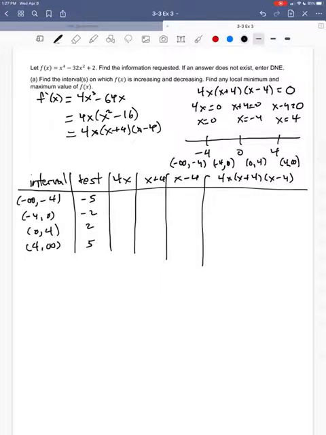And now I'm just going to look at each of these factors, 4x, x plus 4, and x minus 4, right? Each of those factors, and I'm just going to decide whether each factor is positive or negative in this interval. So I just put in the test number. 4 times negative 5 would be negative. That's all I really care about. I don't care that it's negative 20. If I plug negative 5 in for x, negative 5 plus 4 is negative. Negative 5 minus 4 is negative.